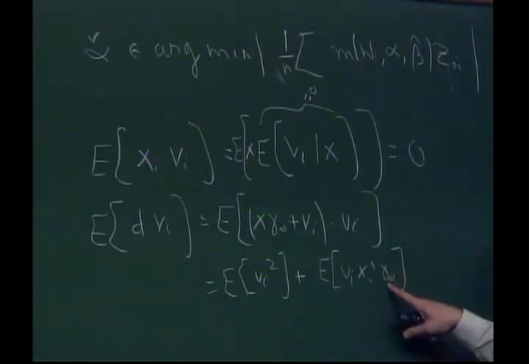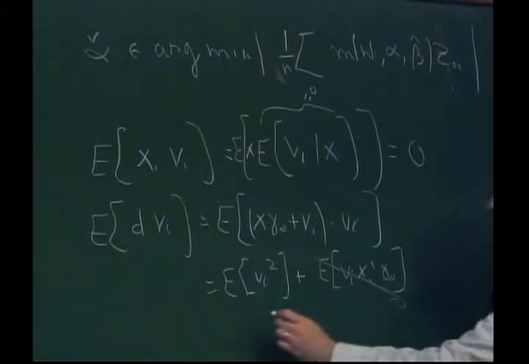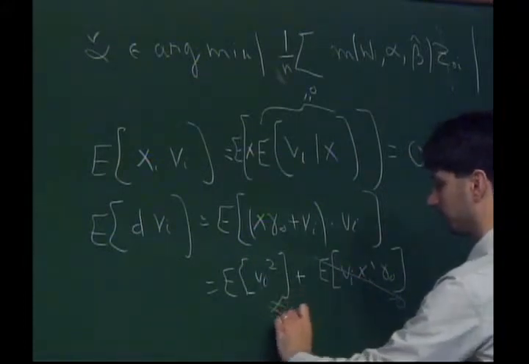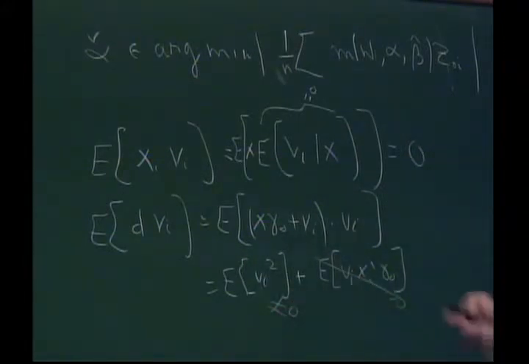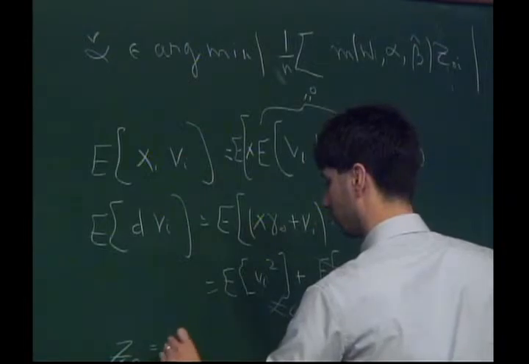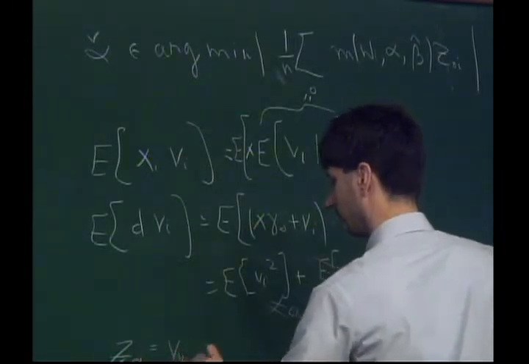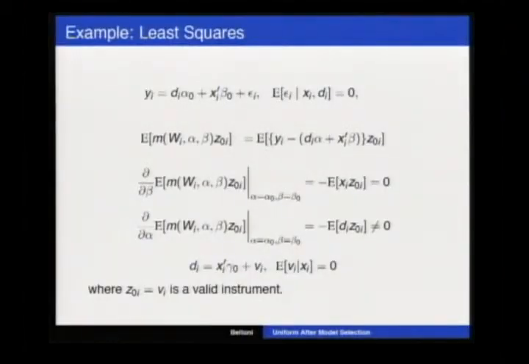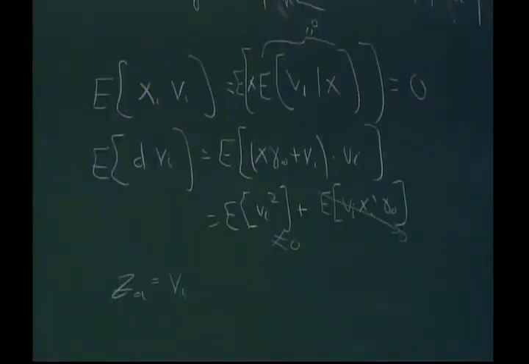But by the first condition, the second term is 0, while the first is definitely different than 0. So basically, to get the instrument, I just set z0 equal to the residual of this regression. And this is essentially the equation that we discussed last class.